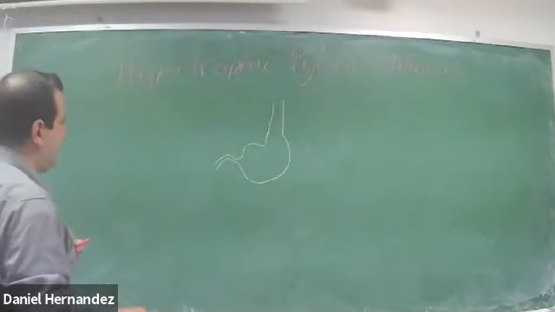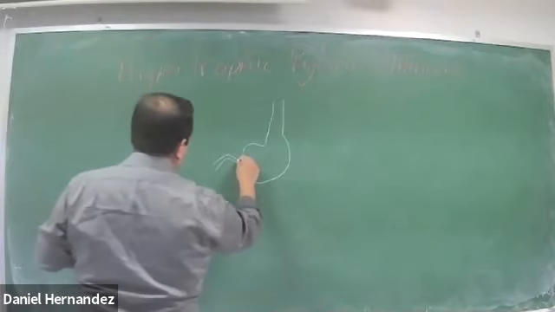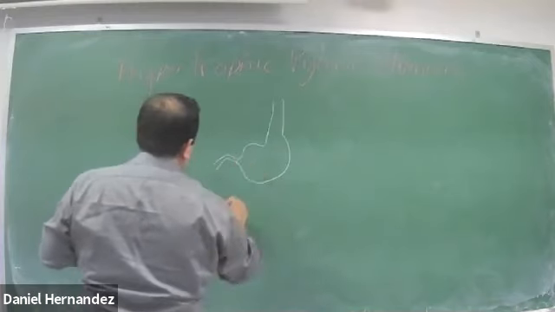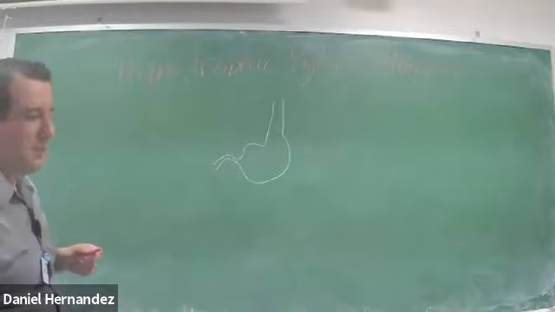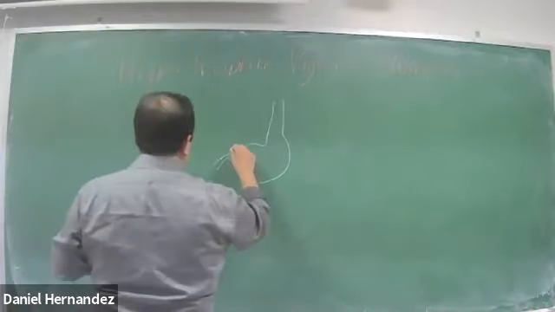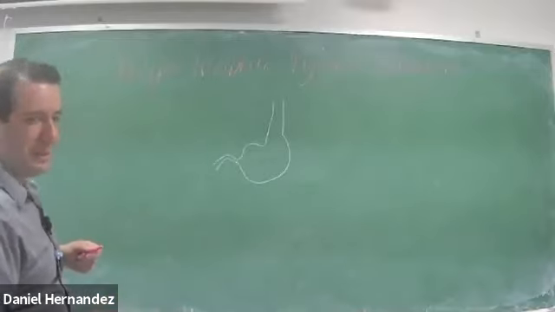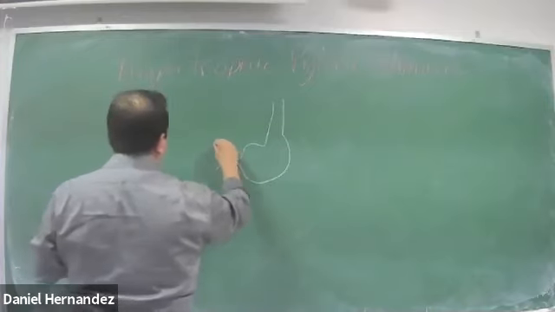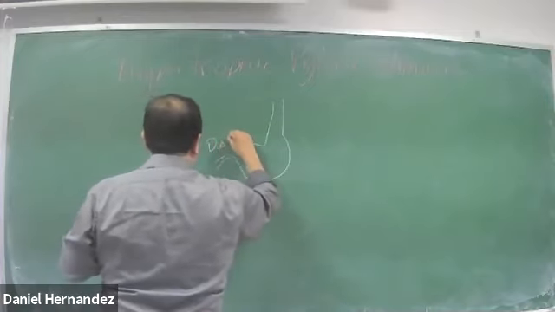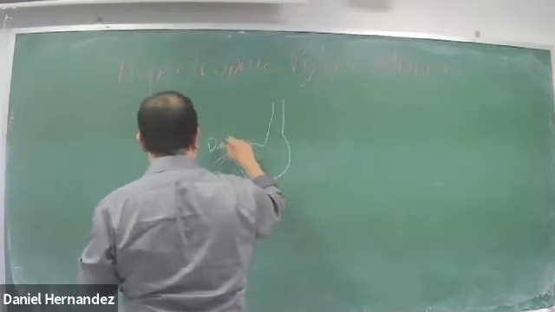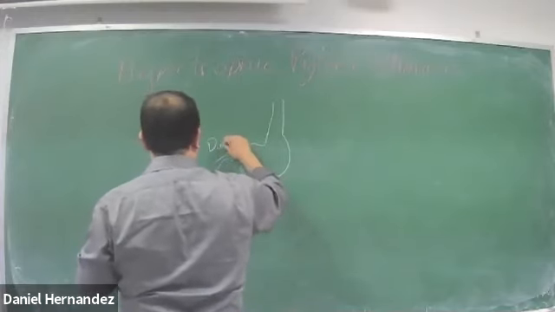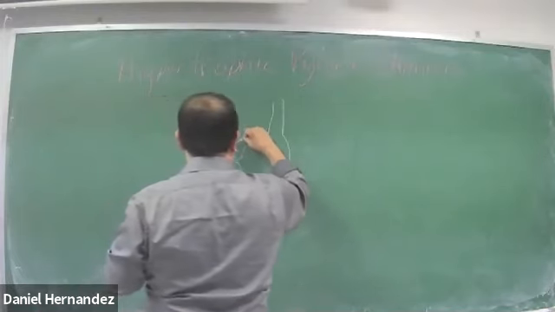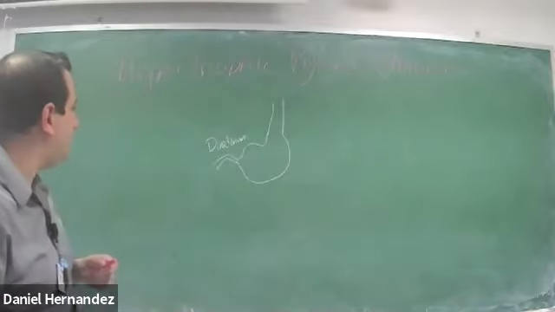So we know that there is a sphincter or a muscle at the base of the distal antrum of the stomach, where the duodenum connects to the stomach. So this is going to be your first segment of a small bowel. Your duodenum.